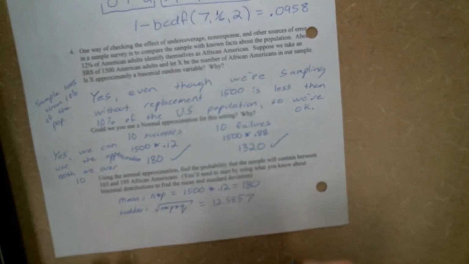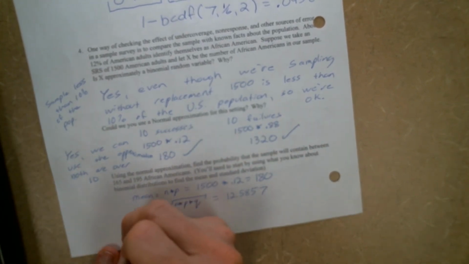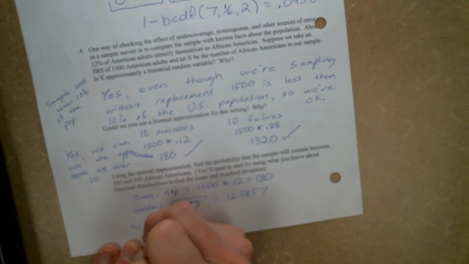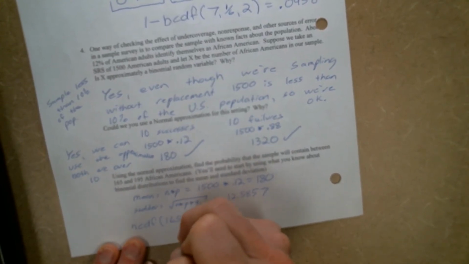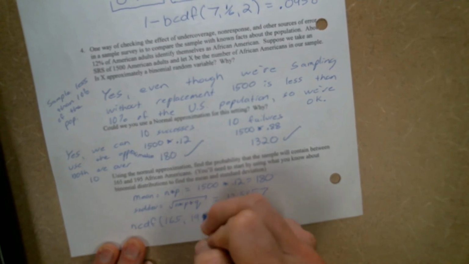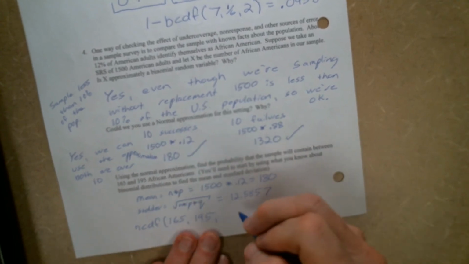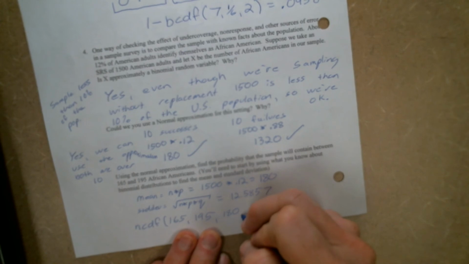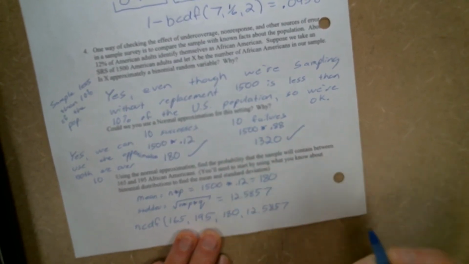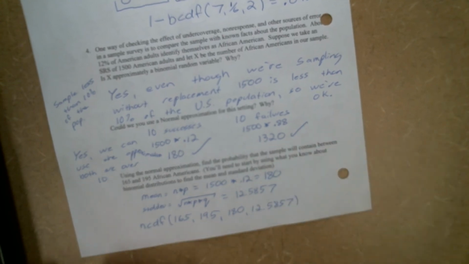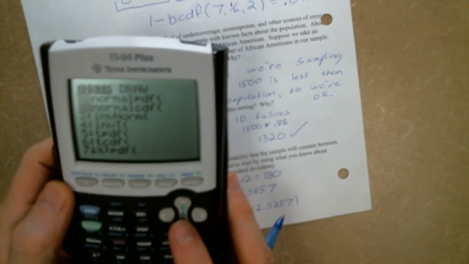Now that we have these, we can do a normal approximation. We can say, NCDF from 165 to 195 when the mean is 180 and the standard deviation is 12.5857. So now we're going over here.